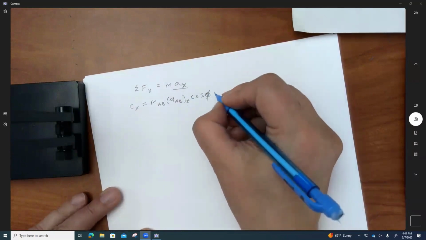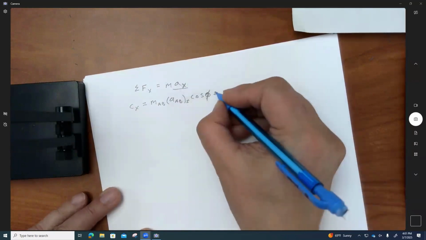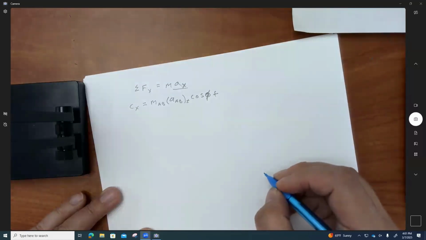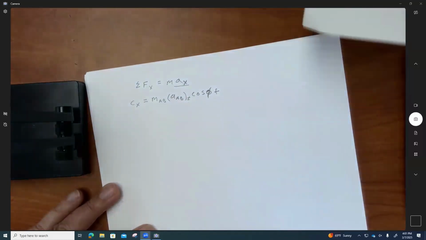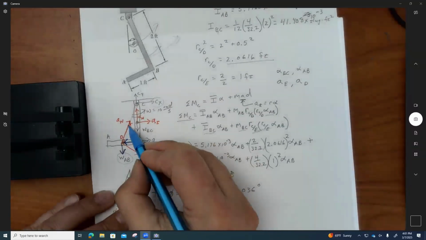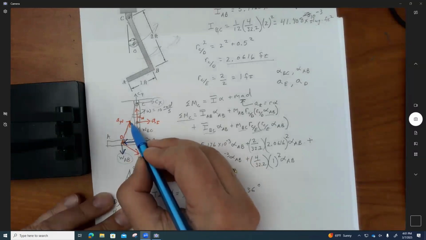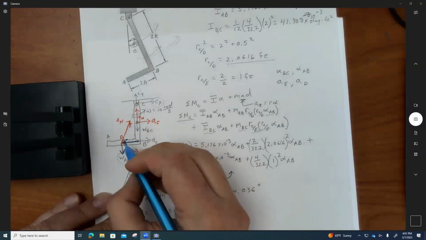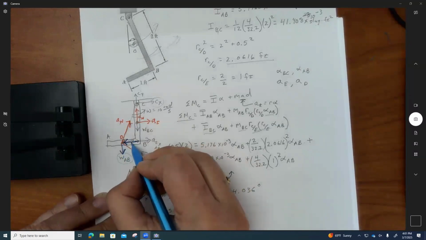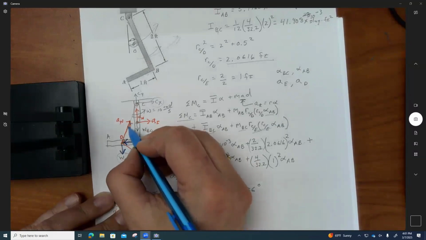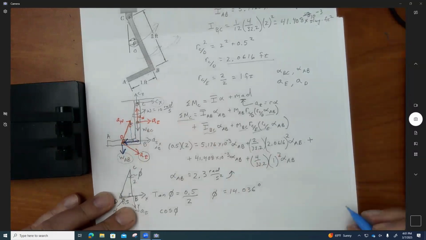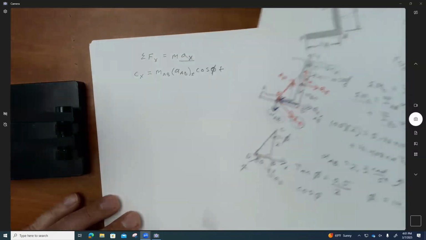Now, what else goes on this side of the equation? What other things do we need to worry about? Does the normal acceleration have any x component? Yes, it does. It is going to have an x component and a y component. So it's going to the right. It's going to be positive.